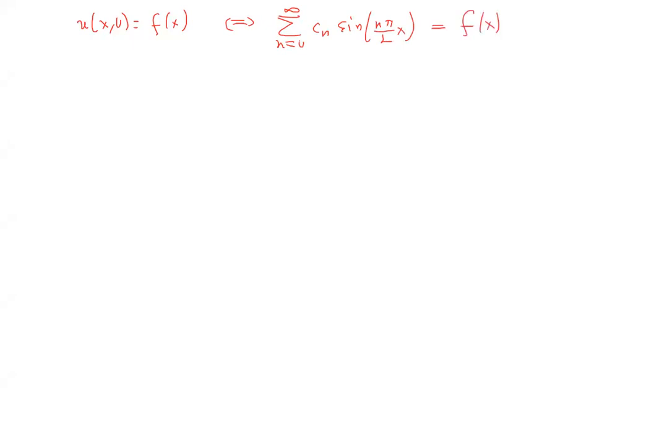And now all of a sudden, a new need emerges. What need is that? The need of having the function expressed in terms of sines. That's the motivation for doing Fourier series, which is what we're going to do next time.